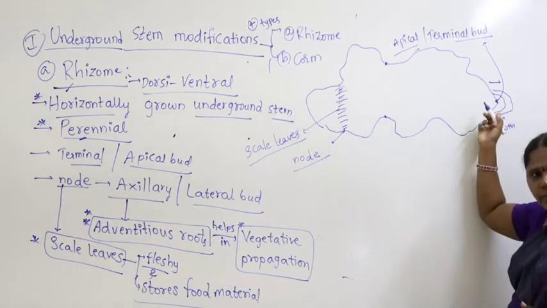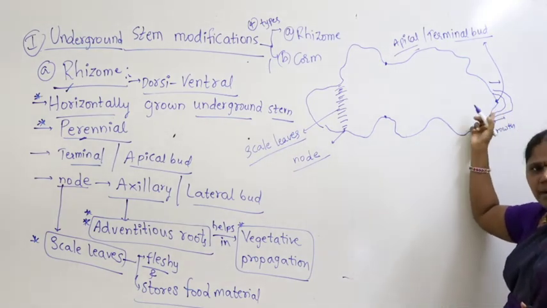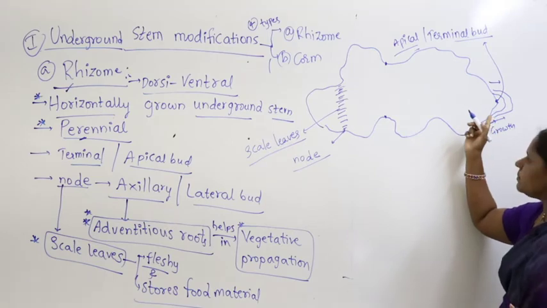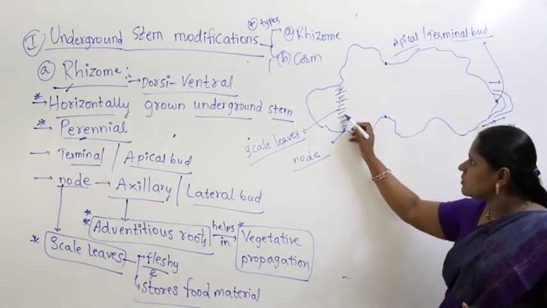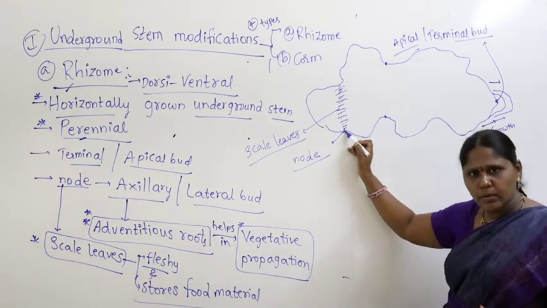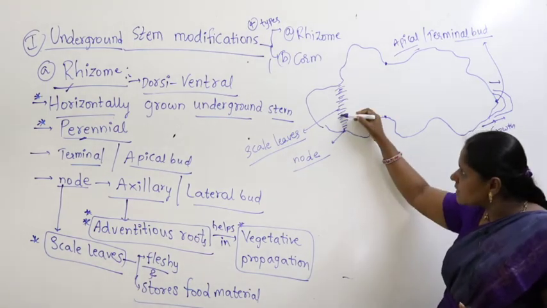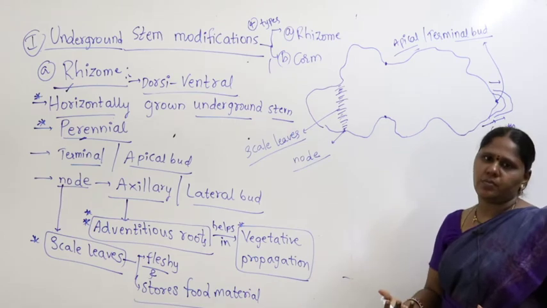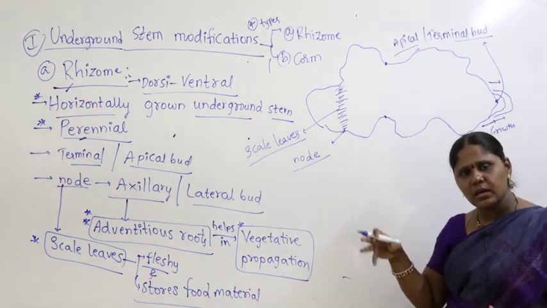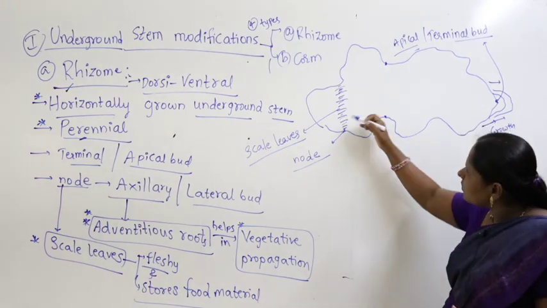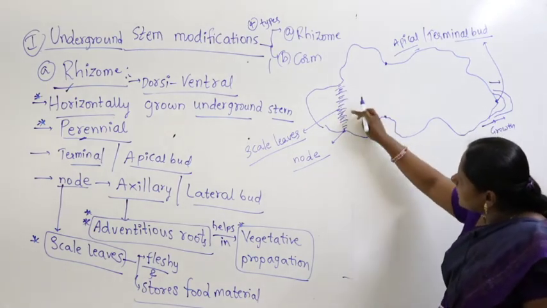See the terminal tip, this is the apical bud or terminal bud, and the place where you can see the lines is called the node. Node contains reduced scale leaves because the stem is not aerial, the stem is underground, so the leaves are reduced.